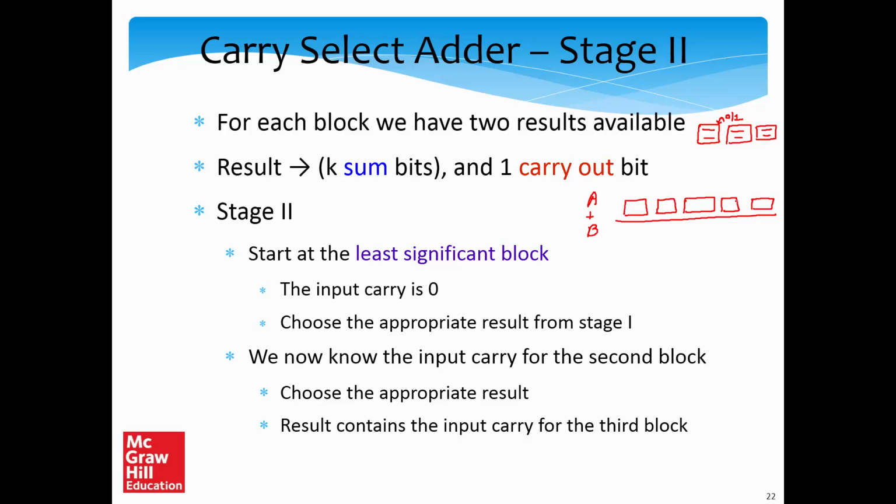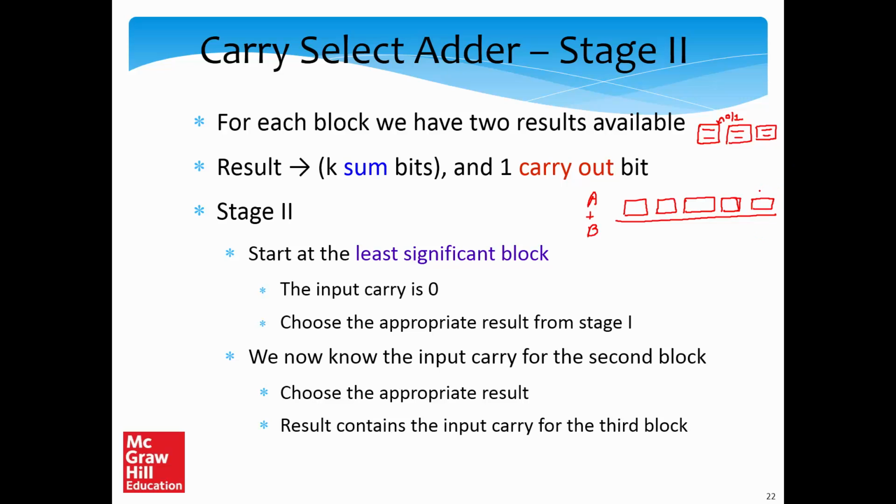They are supposed to be equal size rectangles, sorry. So in stage 1, what have we done? For each block we have done the addition, assuming an input carry of 0 and an input carry of 1, so we have 2 results.